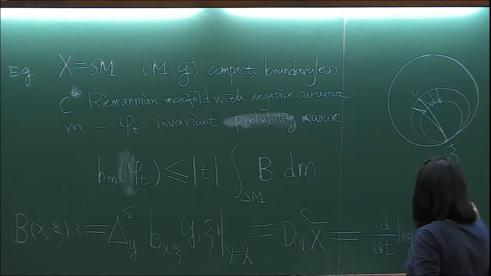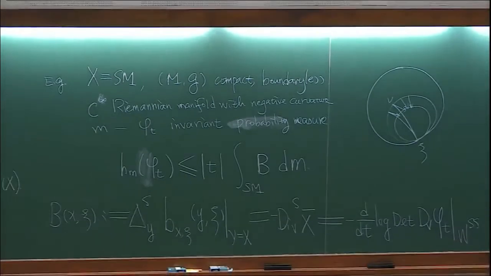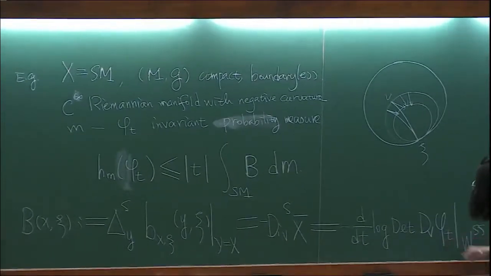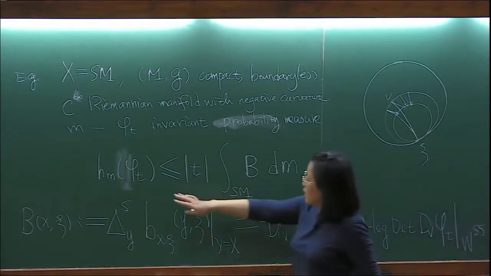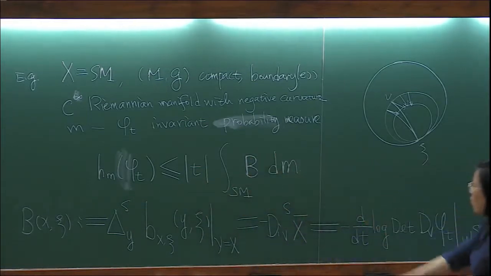This is the derivative of the logarithm of the determinant of the tangent map along the strong stable foliation. Right? So you see this entropy should be less than or equal to T times this quantity.